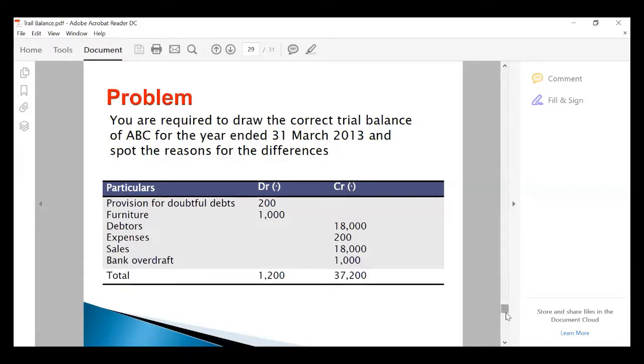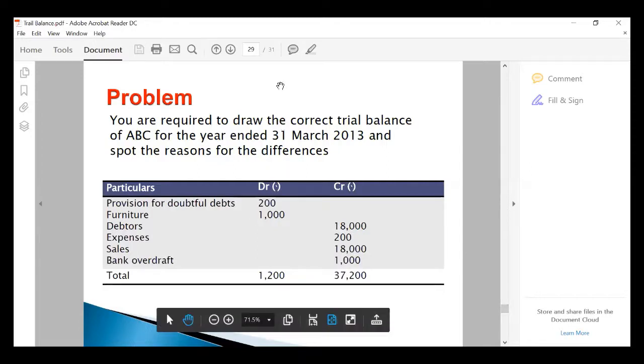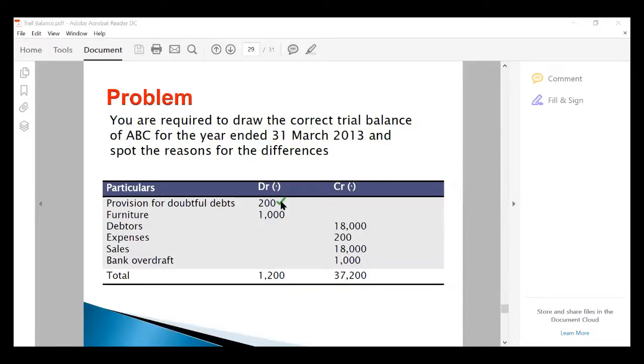You are required to draw a correct trial balance of ABC for the year ended 31st March 2013 and spot the reason for differences. What is provision? Provision is debit. That is right. Furniture is asset. Debit, correct. Debtor is not a credit. It's a debit.